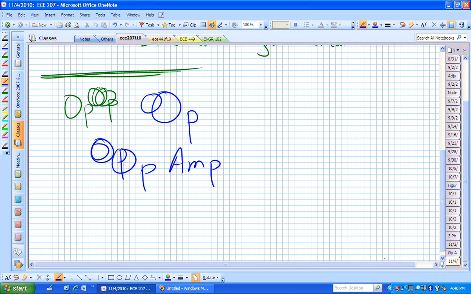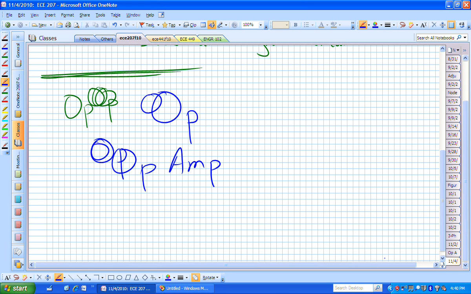And I know what I1 is in terms of Vn. This is now R2 plus R4 plus R4 R2 over R3 times Vn over R1. And we can now pull all of those together if we want.